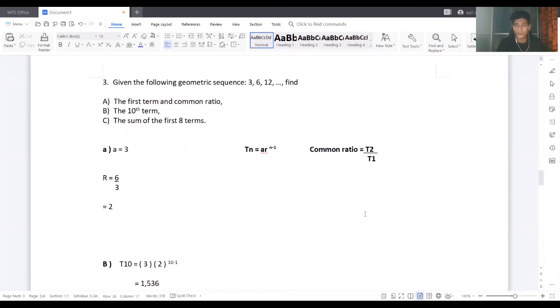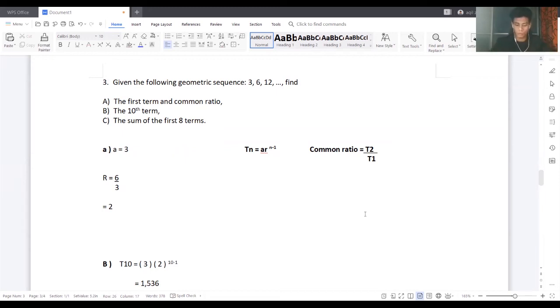The common difference formula is minus, which is Tn minus Tn-1, while the third formula for geometric sequence is divide, which is Tn divided by Tn-1. That is a very important difference to keep in mind.